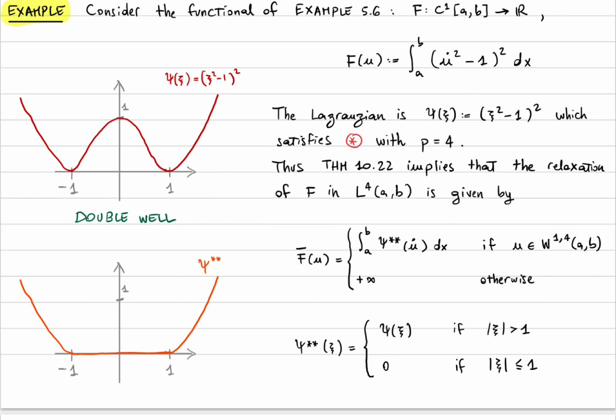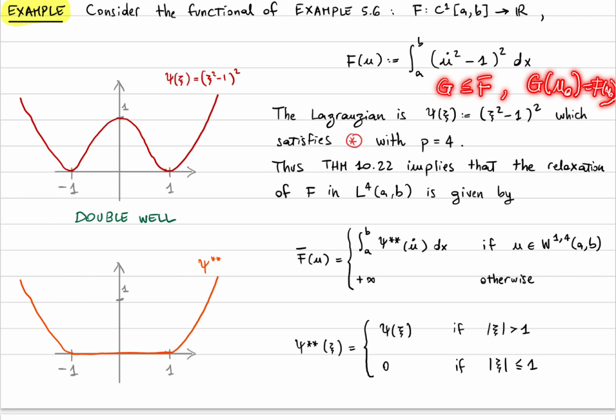And to apply the trivial lemma, we needed to find a functional g such that g was always less or equal than f, and such that g of some point u0, which was a minimum for g, was equal to f of u0, and then g had to be convex, I suppose, or lower semi-continuous. Sorry, I'm trying to remember.